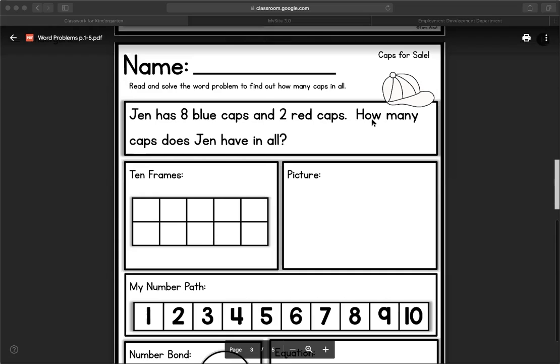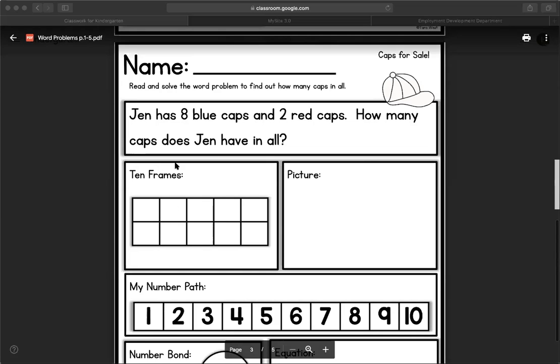How many caps does Jen have in all? Okay. 8 and 2 is 10.